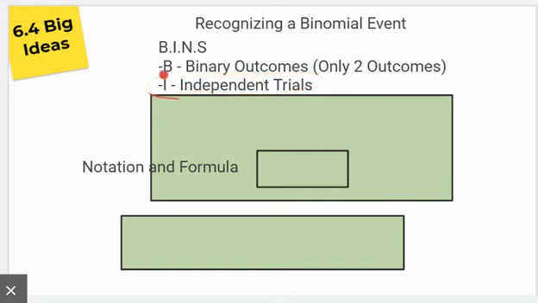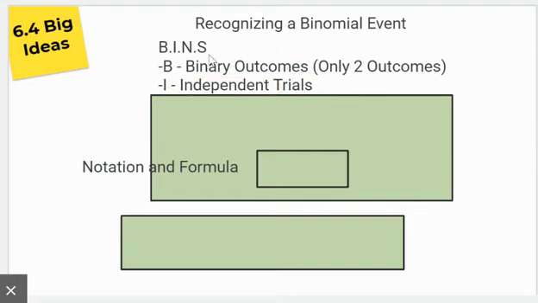And we should remember that independence means that the probability does not change when we go from trial to trial to trial. So whatever the probability of a success is, that probability stays the same from trial to trial to trial. That means the trials are independent.